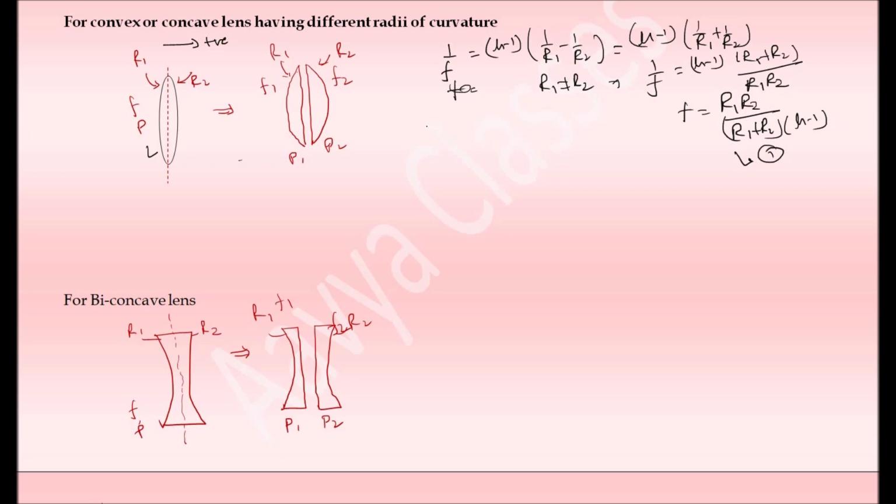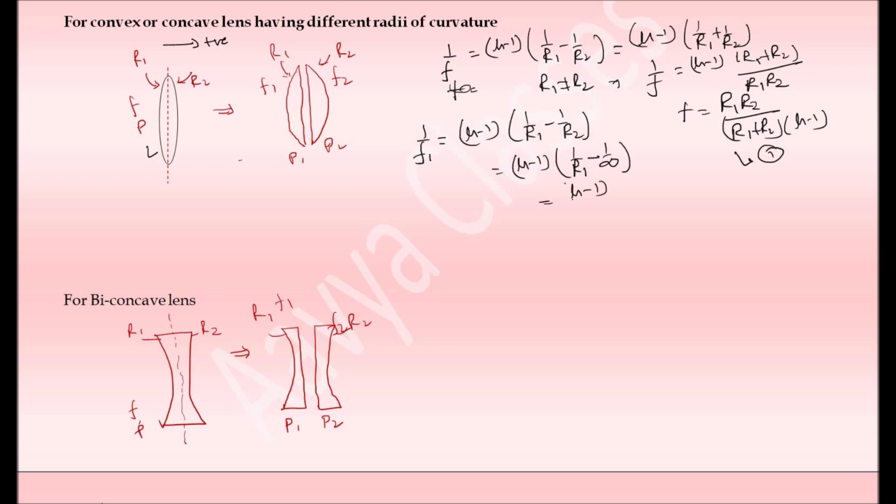Now if we cut the lens along the optical axis, making it into two parts, then the focal length of the first part is f1. So 1 by f1 is equal to (mu minus 1) into (1 by r1 minus 1 by r2). Here r1 comes with a positive sign while r2 is infinity, so we get (mu minus 1) into (1 by r1 minus 1 by infinity).